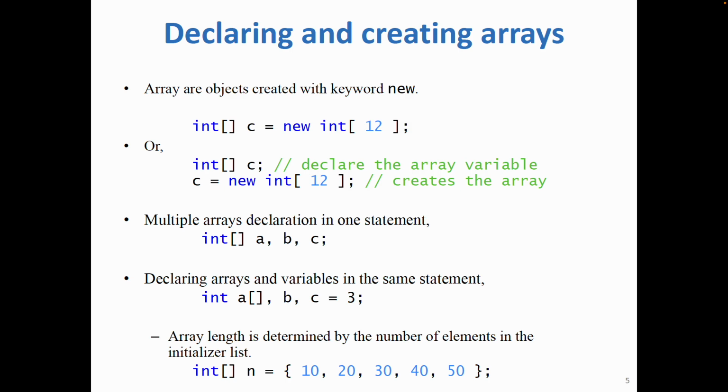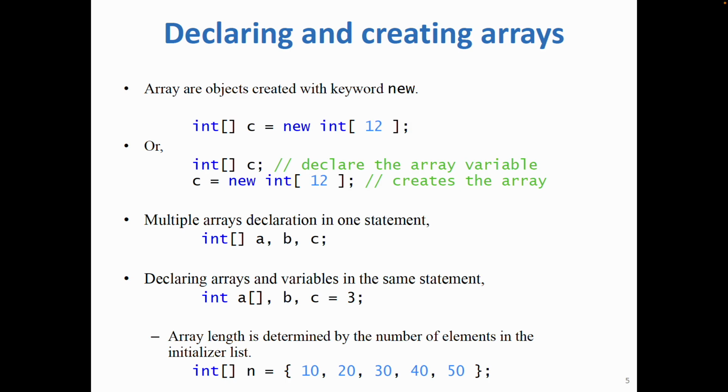In this one, I declare an integer array n, and it has 5 elements, and I also fill it. The first item will be 10, then 20, 30, 40, and 50. In the other ones, when I say C is equal to new integer 12, it's an empty array. I just allocated the memory, but I didn't fill it yet.